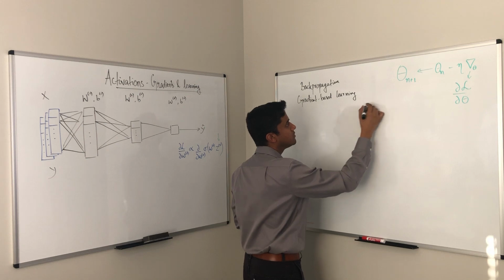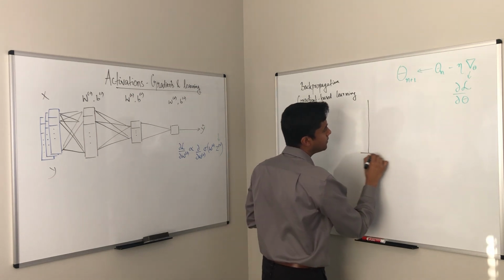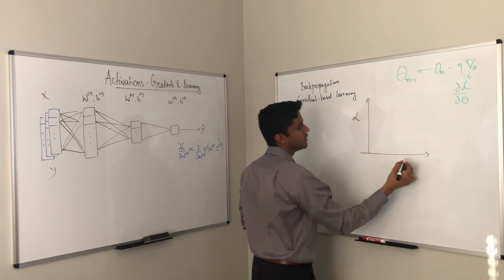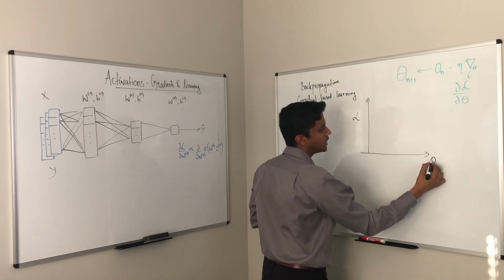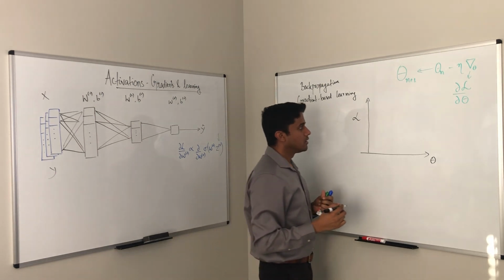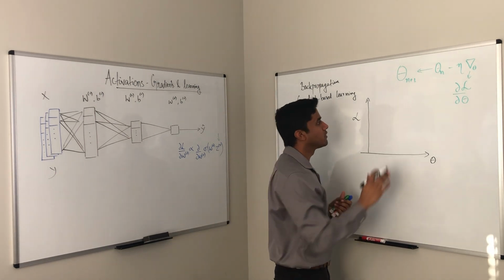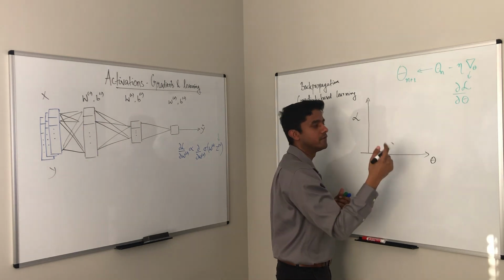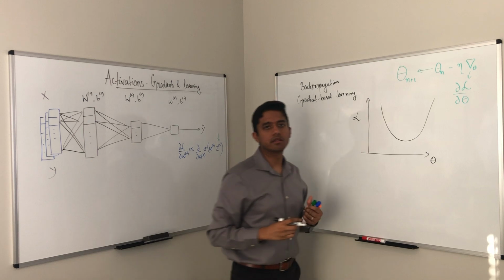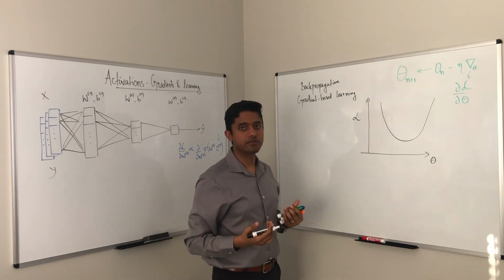So suppose I am plotting my loss function against my model parameter theta. Suppose the loss function is convex. I'm taking very simple cases for illustration.